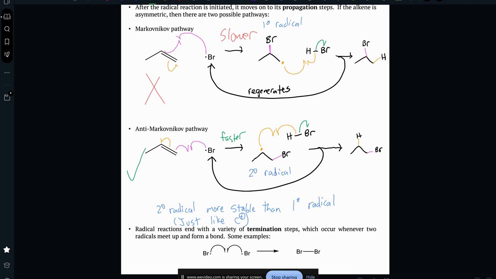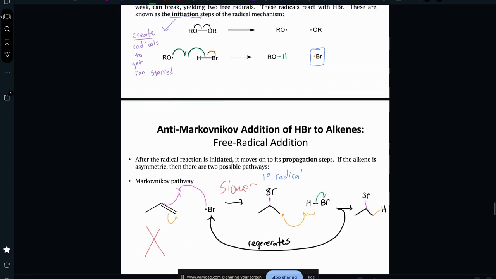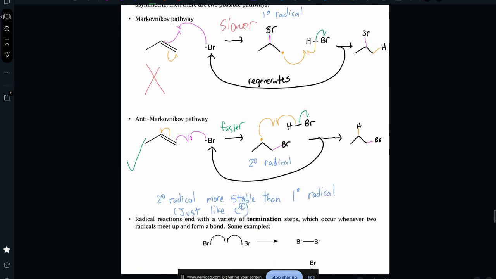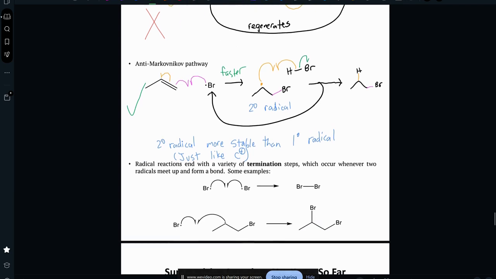If you're curious about radical reactions, I've shown you initiation, I've shown you propagation, but at some point, we start to run low on our reactants. So when we start to run low on our reactants, then our new radical that gets formed is likely to bump into another radical rather than another reactant. And that's when the reaction terminates.